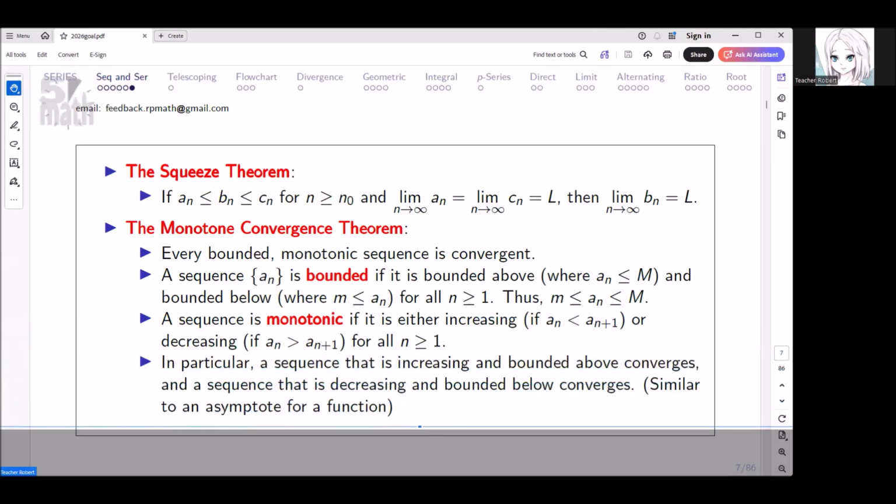In particular, a sequence that is increasing and bounded above converges, and a sequence that is decreasing and bounded below converges, similar to an asymptote for a function.